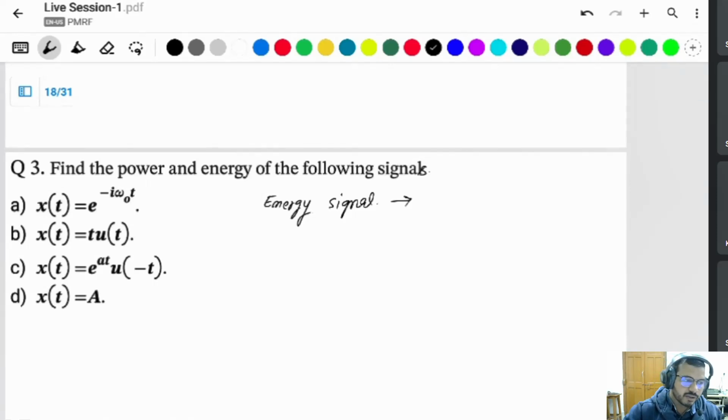In terms of properties, signals are categorized into a few categories: energy signal, power signal, power and energy signal, periodic and non-periodic signal, and symmetric and asymmetric signal.